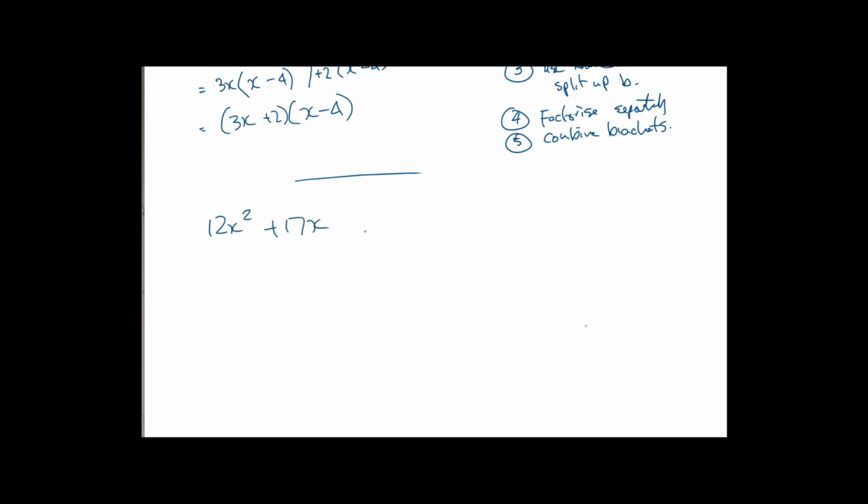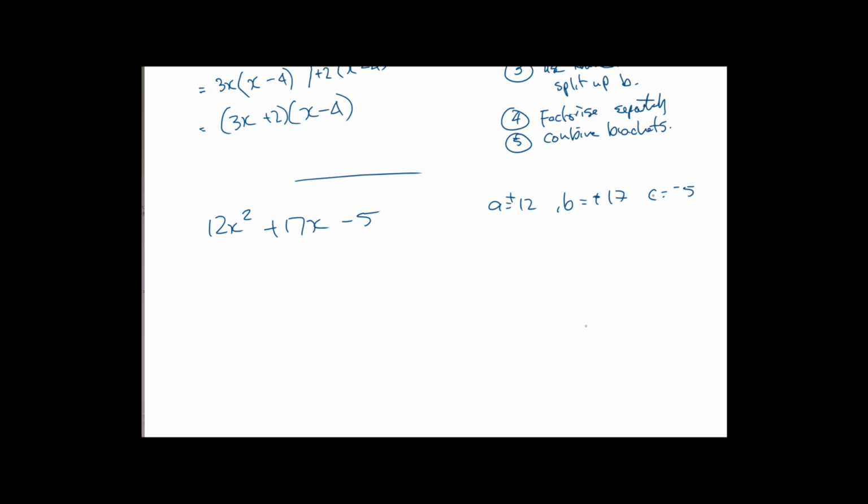This looks really nasty. It looks really, really tricky, but let's stick to it. So A is 12, B is plus 17. I'm going to make sure I have my positives and negatives by putting plus and minus, and C is minus 5.